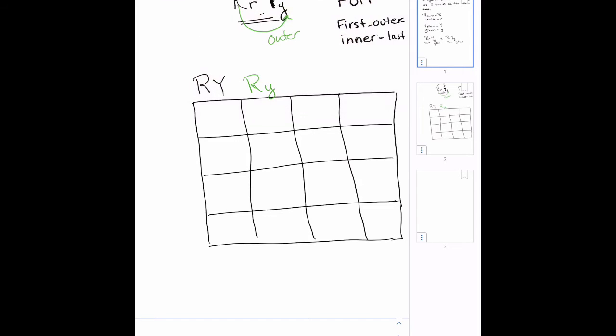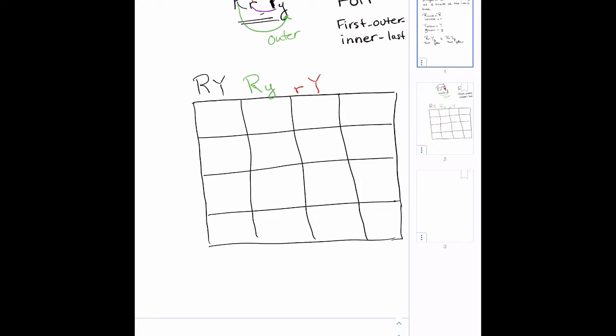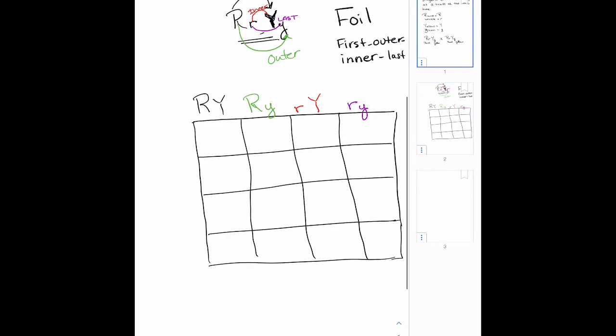Then my inner is going to be here, and that's going to be lowercase r, capital Y. And then my last is going to be here, and that's going to be my lowercase r and my lowercase y. So those give me the 4 combinations of genotypes I could possibly have for my capital R, lowercase r, capital Y, lowercase y. So I'm just going to write the exact same things here.